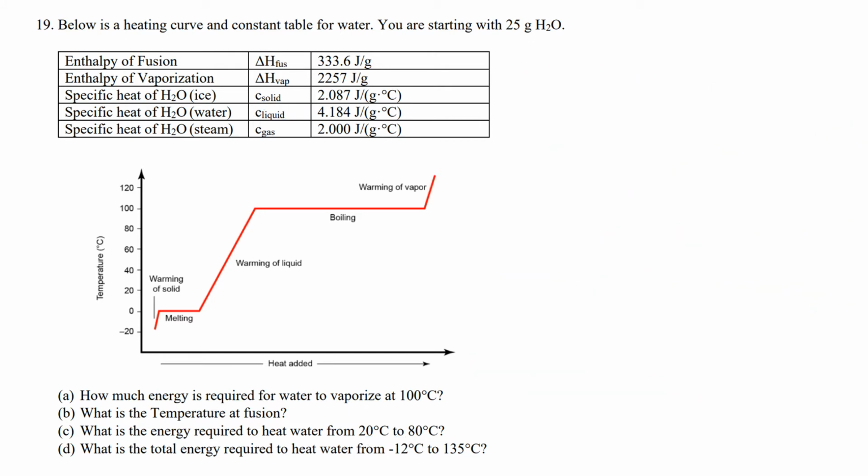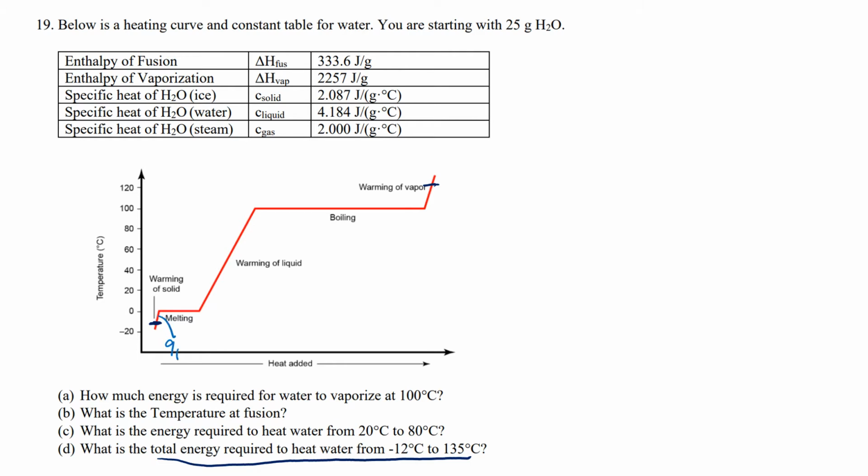Part D says, what is the total energy required to heat water from negative 12 degrees all the way to 135 degrees? So notice there is a lot going on between, so we need to have several different calculations and then add them up. First, we need to know the energy required to go from negative 12 degrees to 0 degrees as a solid, and I'm going to label that Q1.